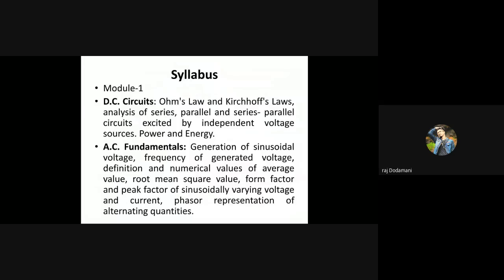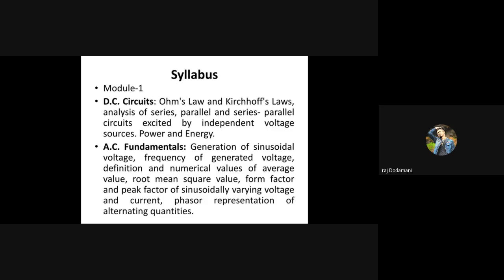So this is the first module we are going to study. DC circuits is the first part. It includes Ohm's law, Kirchhoff's law, analysis of series, parallel and series-parallel circuits excited by independent voltage sources, power and energy.